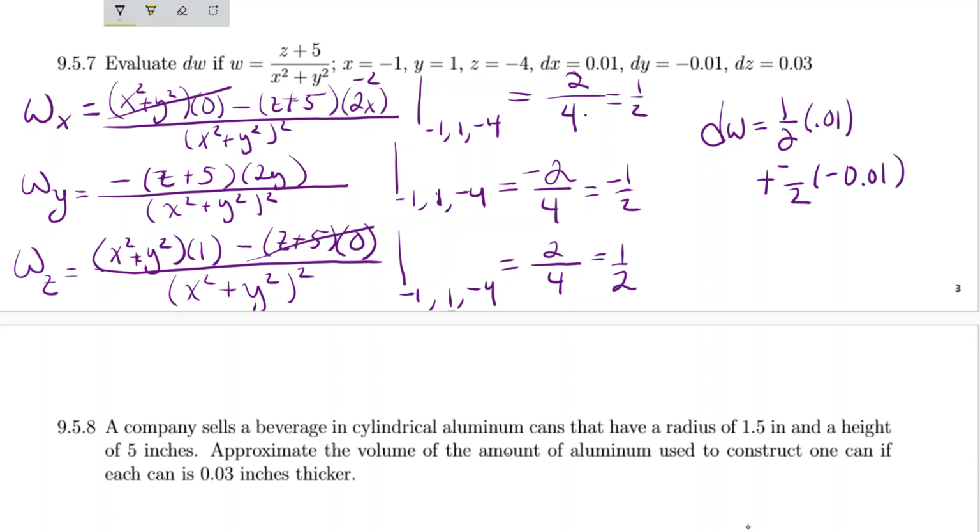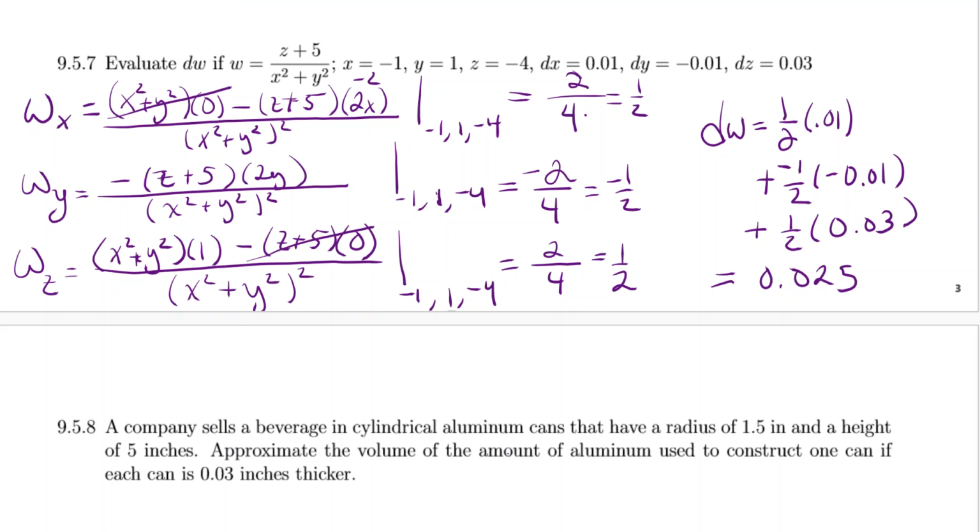Plus my z partial, which is a 1/2, times 0.03. Oh my gosh. So let's see, what do we get when we add these all together? I pulled out my calculator, not gonna lie. I got 0.025. Yay. That was that one. I don't know how you feel about that one. I have some thoughts.